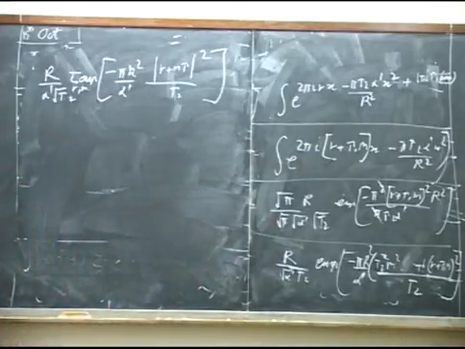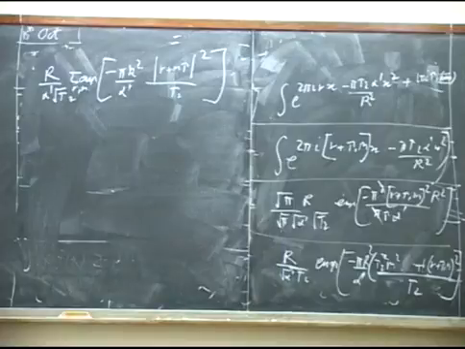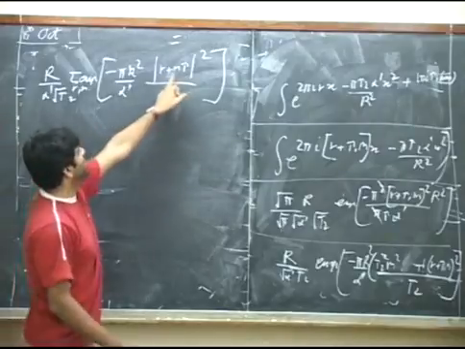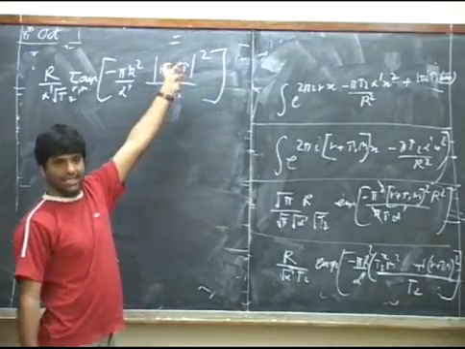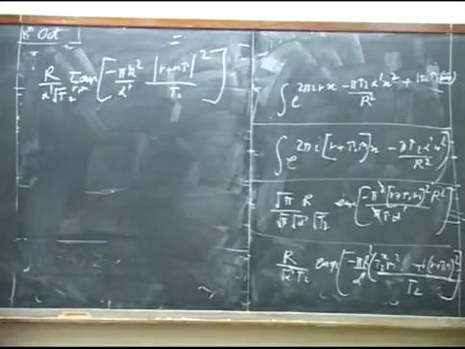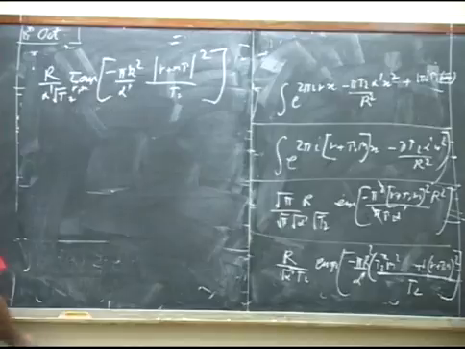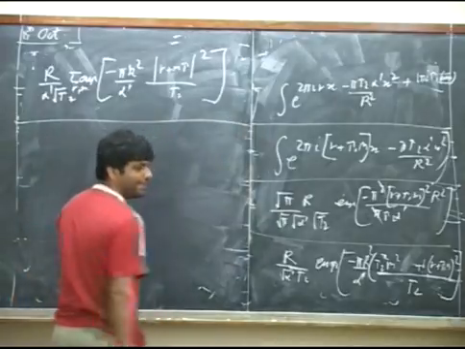And let's check. Under tau goes to tau plus 1, that's obviously modular invariant, under the redefinition n goes to n minus 1. So r goes to r minus n, thank you. Right, so under tau goes to tau plus 1, this is obviously modular invariant. What about tau goes to minus 1 by tau?